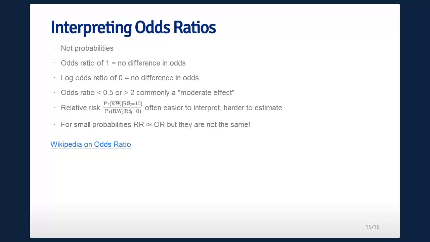I do like one thing about odds, in that I like the way it directly relates back to gambling and the example we covered earlier. I think that's actually in favor of interpreting odds.